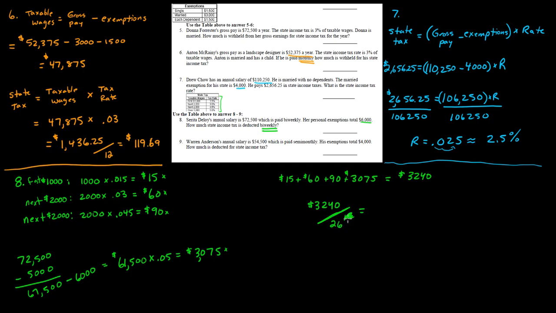It would be 12 if it was monthly, 24 if it was semi-monthly, and so on. So 3,240 divided by 26 gives me $124.62 that I get deducted from each of my bi-weekly paychecks for state taxes using the tiered system.